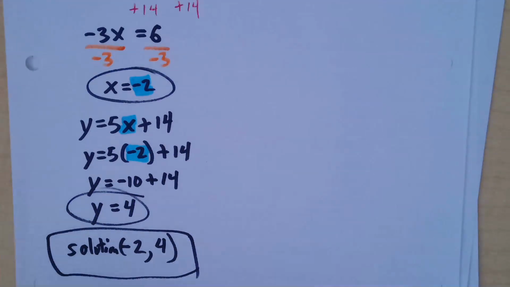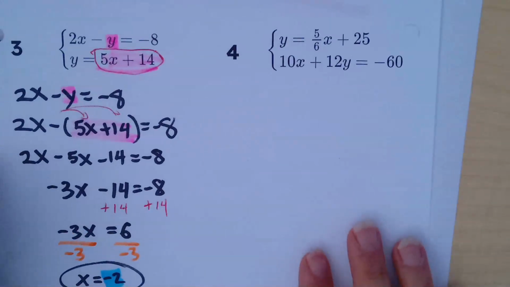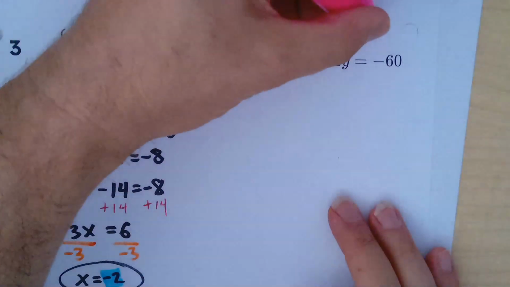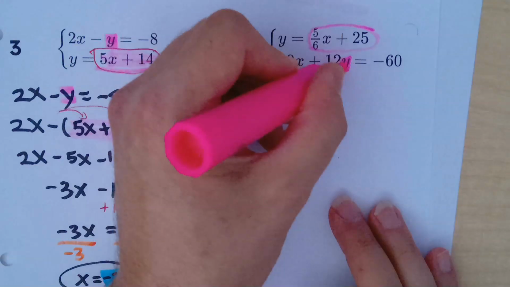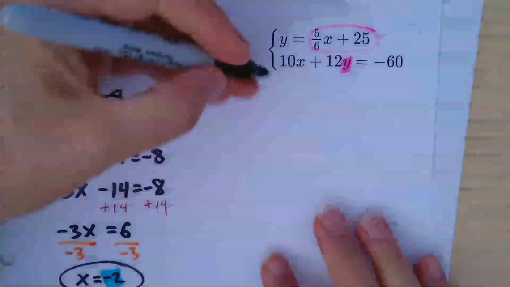Okay. Hit pause if you need more time to copy this down. Okay, so next, a little trickier, y is equal to all of this stuff, right? So I'm going to rewrite this second equation, but I'm going to replace y with the pink circle.